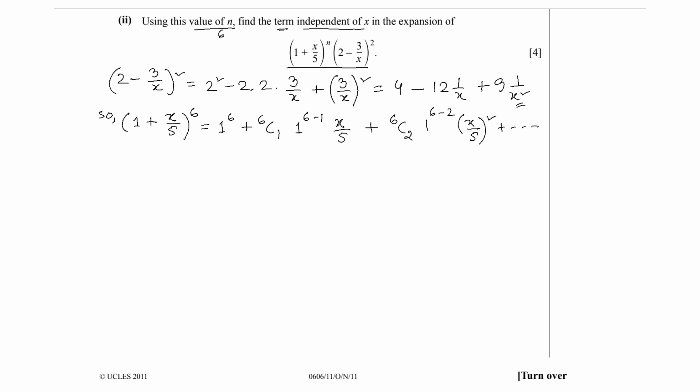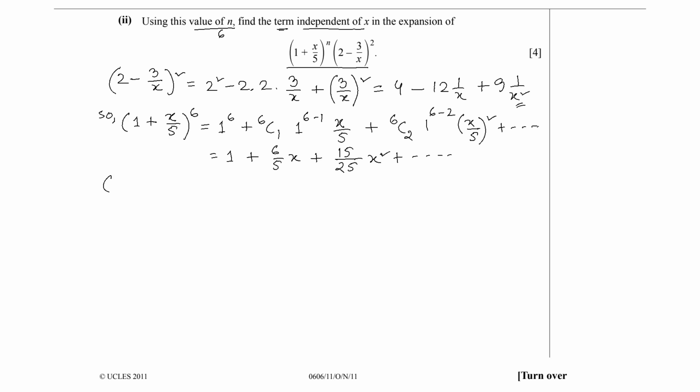So let's simplify these three terms. 1, then plus 6 over 5 times x. 6C2 is 15, and 5 squared is 25, so 15 over 25 times x squared plus dot dot dot.